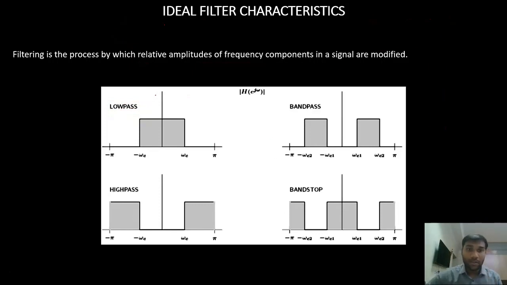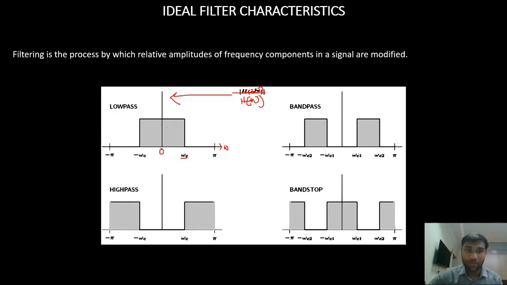So if you look here at the characteristics of the low pass filter, this is H of omega, plotted against omega. This is a low pass filter. It allows frequencies from minus omega c to plus omega c.